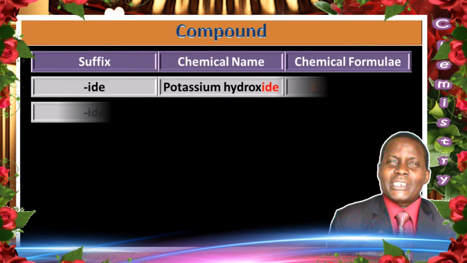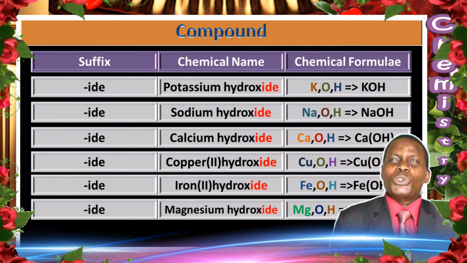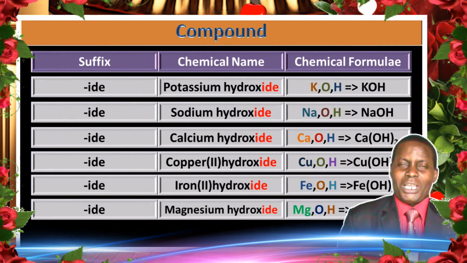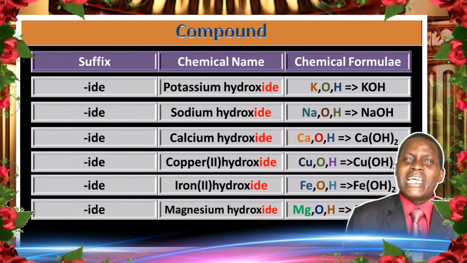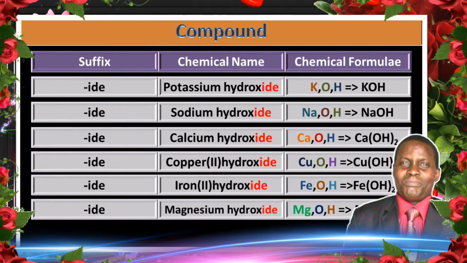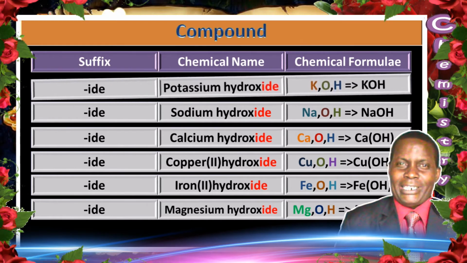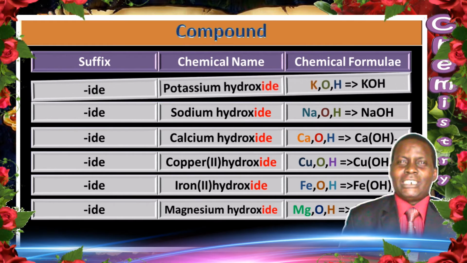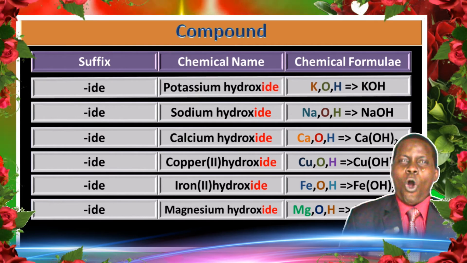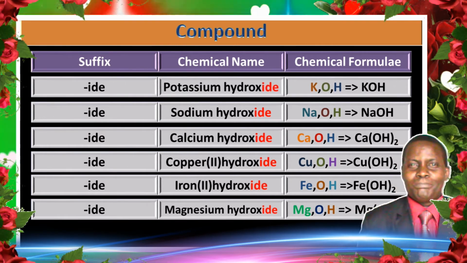But it is also good to note that hydroxides also end with the letters IDE, but they have three elements, including oxygen. For example, potassium hydroxide is made up of the potassium element, the oxygen element, and the hydrogen element.